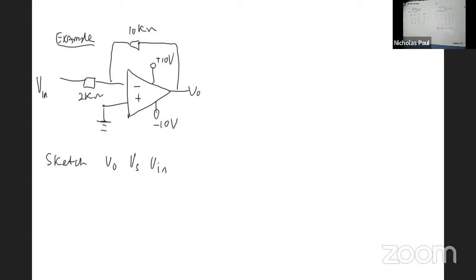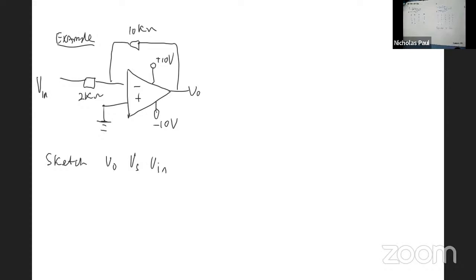Get your graph of V out versus Vn here, please. So, the top sketch table, we see 10 kilo ohms, yeah. What one?